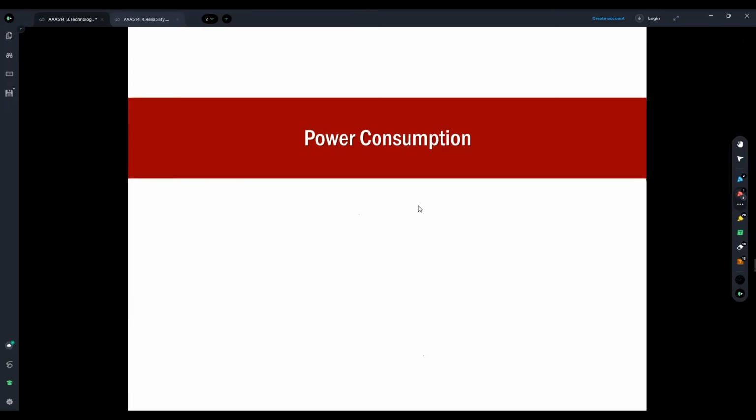So we covered how the CMOS transistor works, and the basic operations of MOS transistors. The characteristics of the MOS transistor are related to the power consumption of the processor.